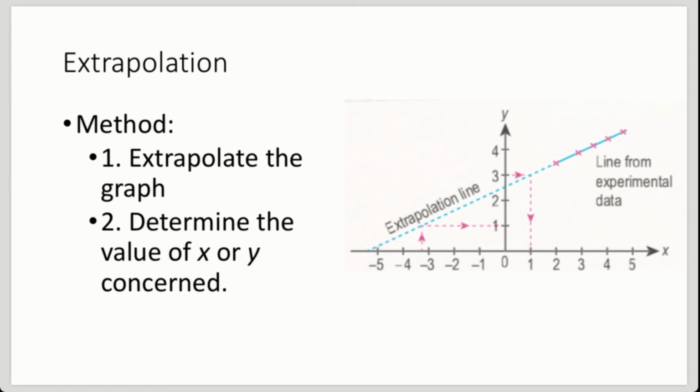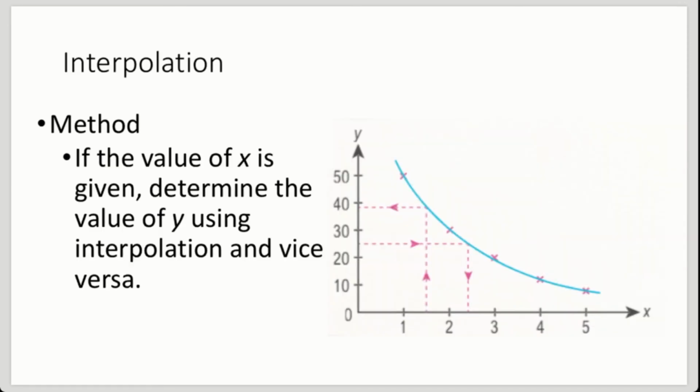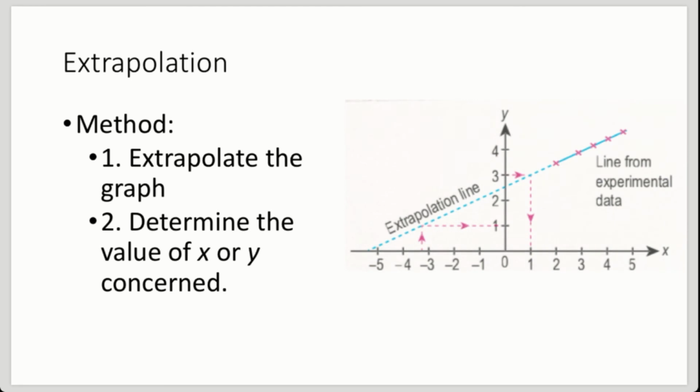Cuma beza dia, untuk interpolation kita sedang mencari nilai di tengah-tengah garisan ataupun graf yang kita sedia ada. Right, kita sudah membuat graf dan kita hanya mencari titik-titik pada graf ini yang sudah kita tetapkan. Extrapolation ialah dari graf yang kita sedia ada, kita panjangkan.